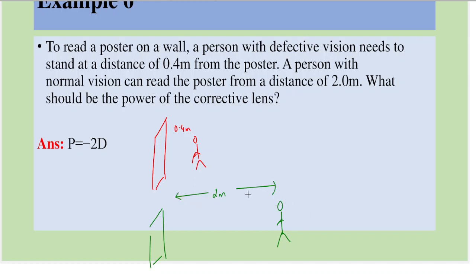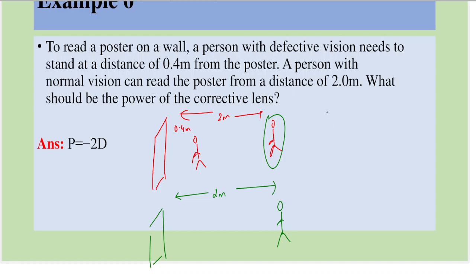Now to understand this, imagine that if this person walks up to distance of 2 meter, this person cannot see the poster because he has short-sightedness. So imagine the person is at this position. If the person wants to see the poster, he can't see it because the person can see only up to 0.4 meter. But here, the person needs to look at the object at 2 meter.